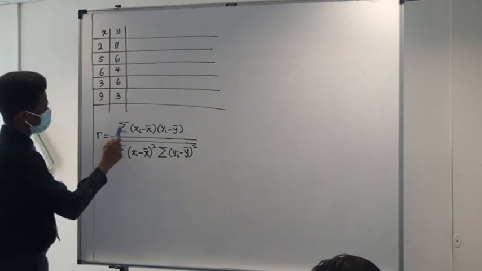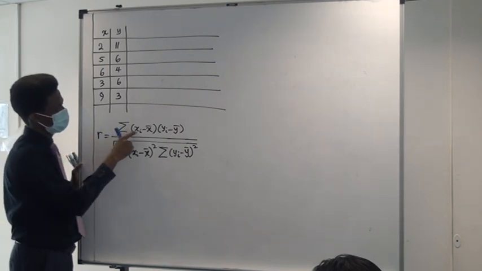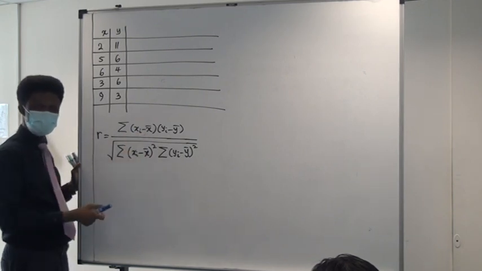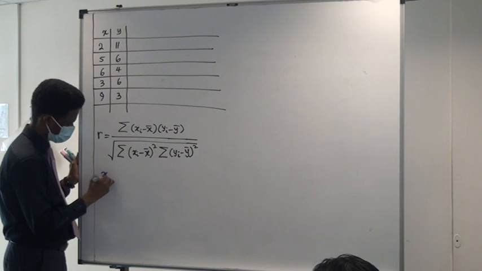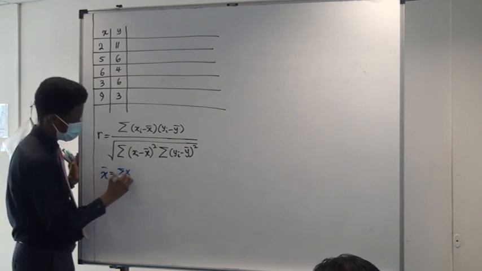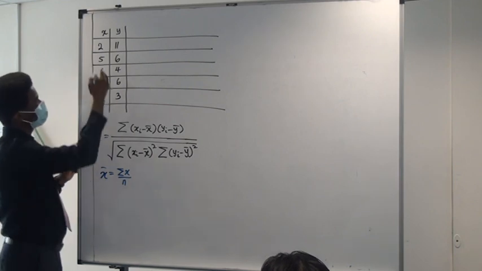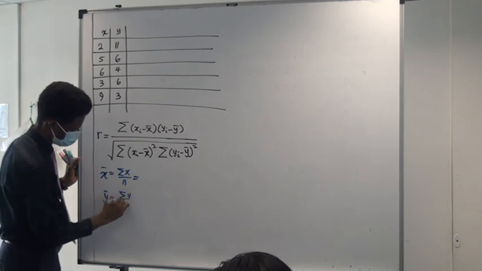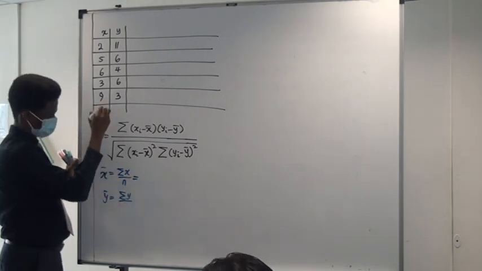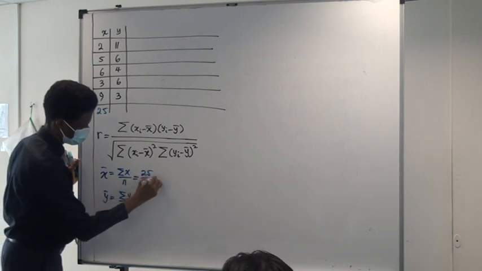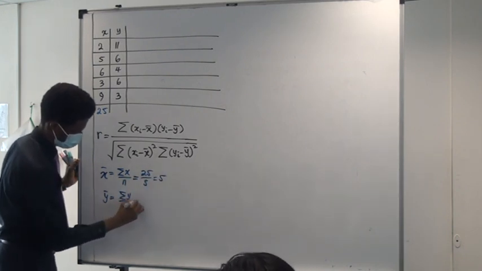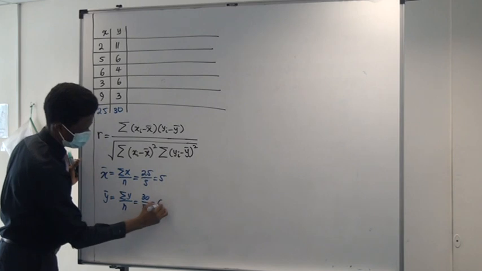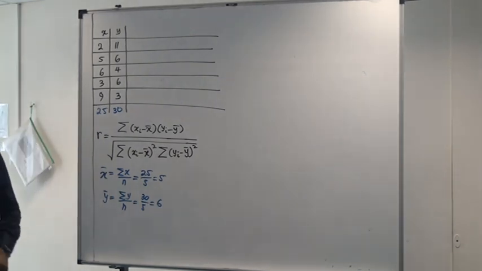Okay, so basically this means we're going to add the difference between x and x bar. And we don't even know what x bar is. So that's the first thing you're going to find out. X bar is summation x divided by n. So find the summation x for me, please. 25. Summation y. 30. So it means x bar is 5 and y bar is 6.